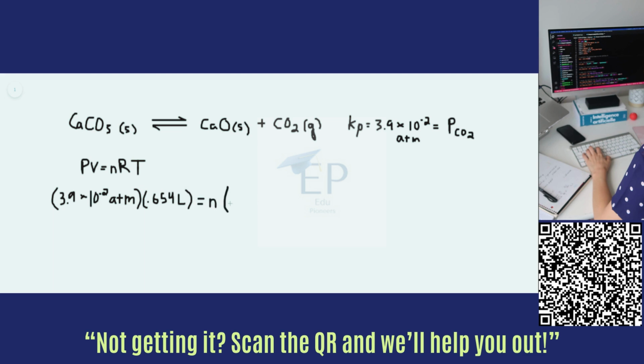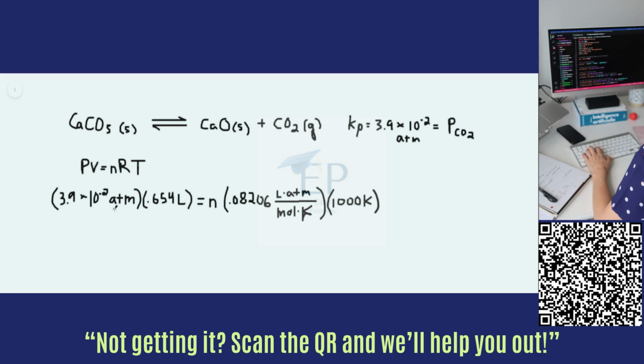The ideal gas constant is 0.08206, and those units are liters times atmosphere divided by moles per Kelvin. Great. And then it's multiplied by the temperature, which the question tells us is 1000 Kelvin.